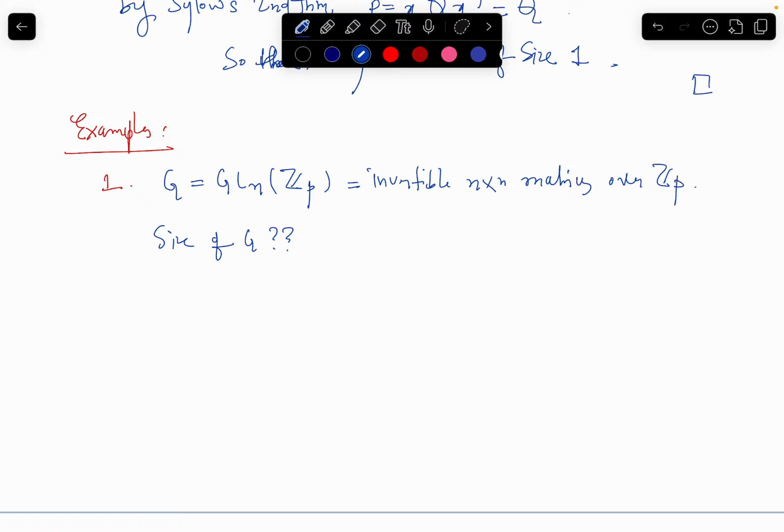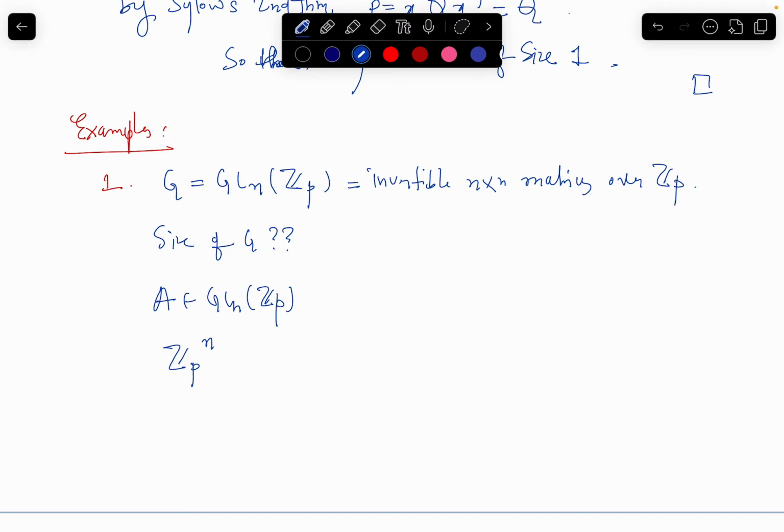To find the size, it's quite easy, because you take an element A of GL_n(Z_p). If you look at the rows or columns, the rows of A are linearly independent over Z_p. You can view the rows or columns as coming from the vector space Z_p power n, right?